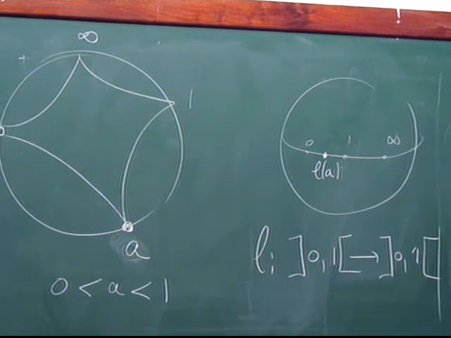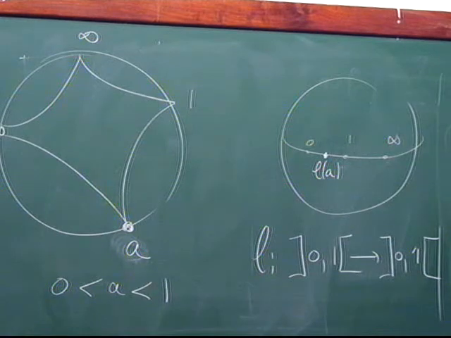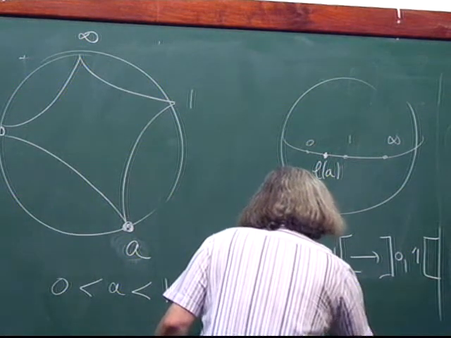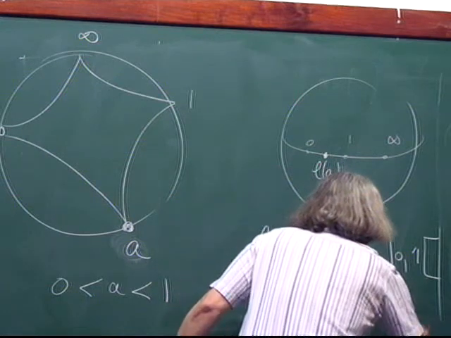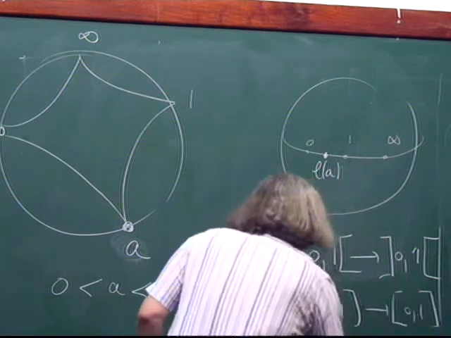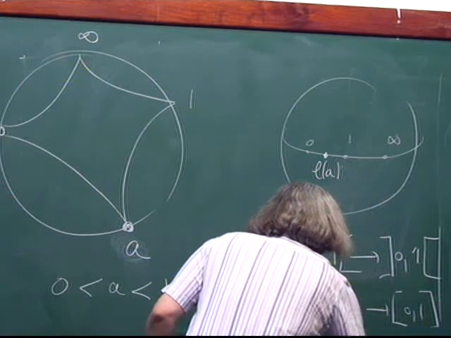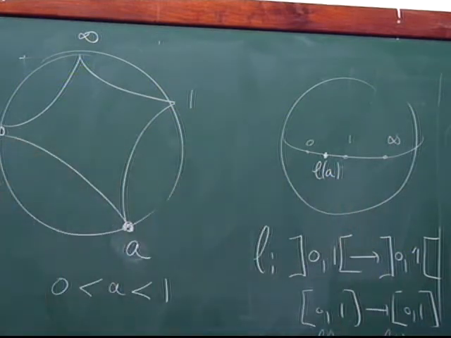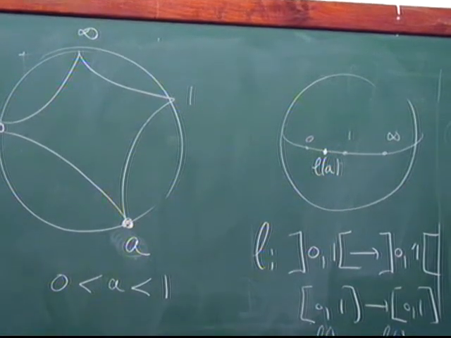And the trick of Poincaré, of course, is to say, well, this function is onto, and the way to show it's onto is to show it extends to 0 and 1 continuously. And this is what he does.